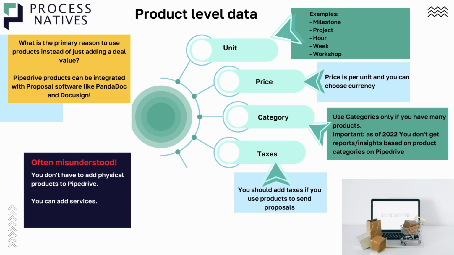First, you can't add subcategories. The second is you don't get reports on product categories in Pipedrive Insights. So the only reason it is still important to use categories is for sales rep navigation convenience. Finally, taxes are important to add, especially if you plan to use products data to send proposals. Then taxes would also be transferred to the proposal.